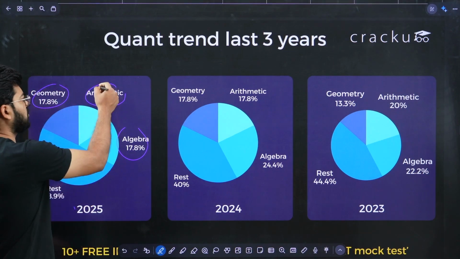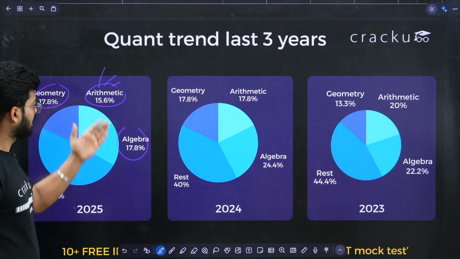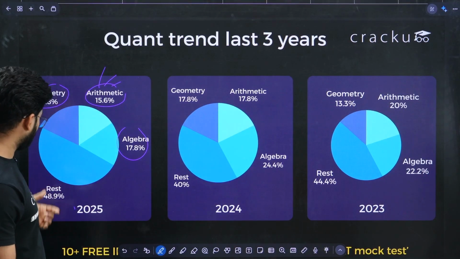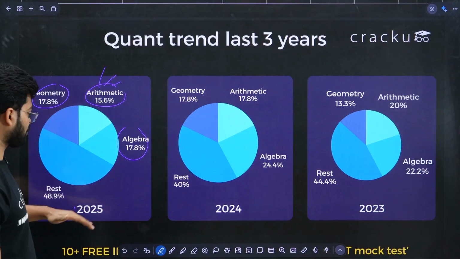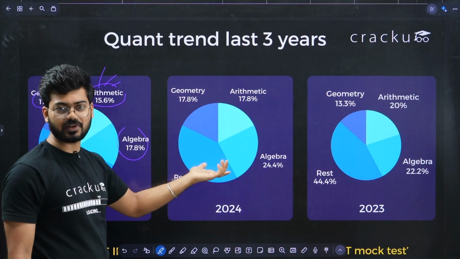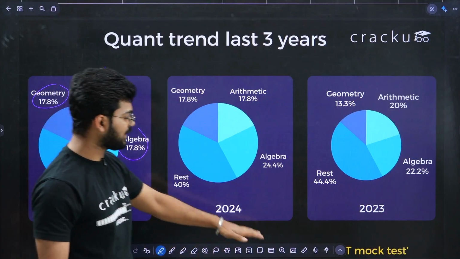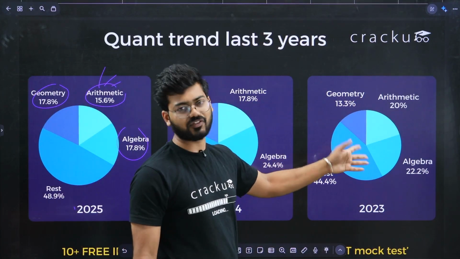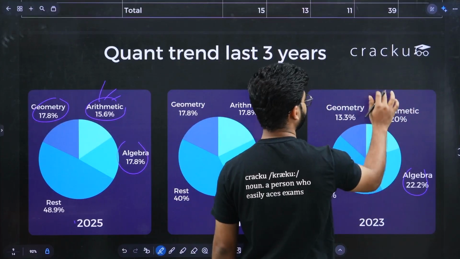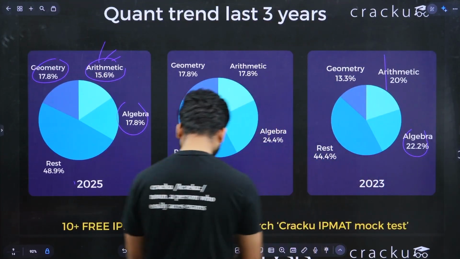They comprise some chapters, but they are connected. So algebra, arithmetic, and geometry came more than 50% in 2025. The same goes for 2024, where they comprised over 60%, and in 2023 more than 50%. So these three are the major chunk which you should not miss.